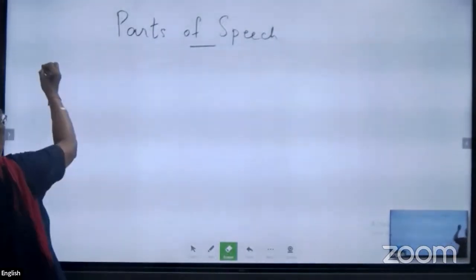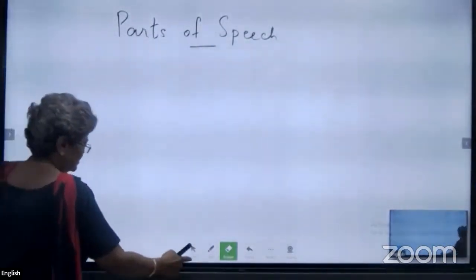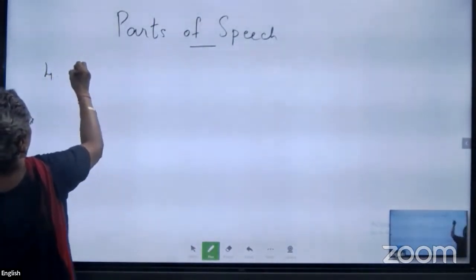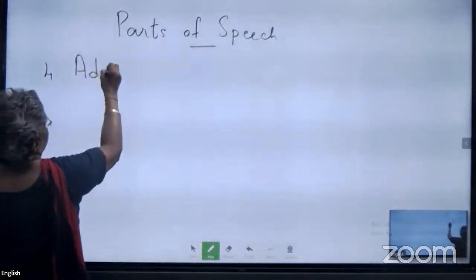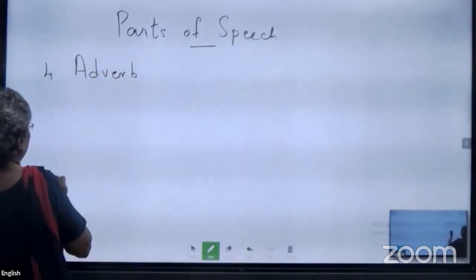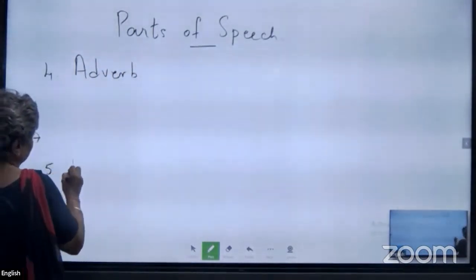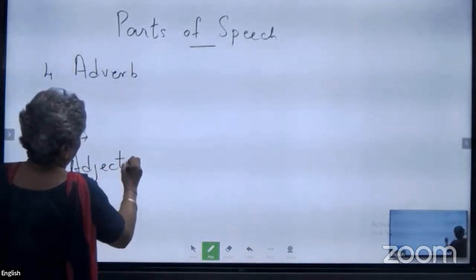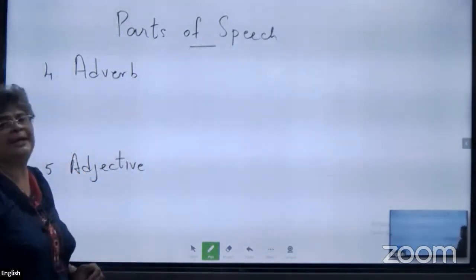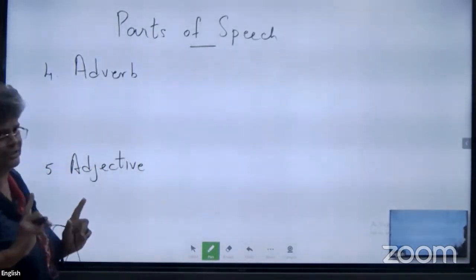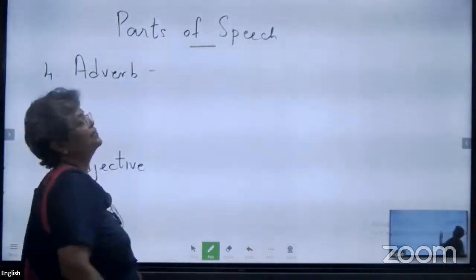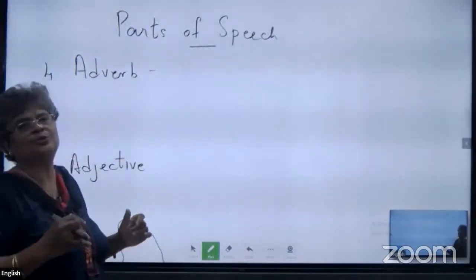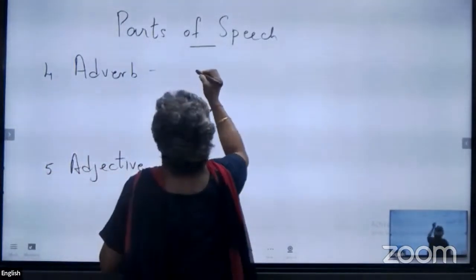So I'm going to write both at the same time, as well as the fifth one, adjective. How to differentiate between an adverb and an adjective? What is an adverb? Add verb, which adds something to the meaning of the verb.